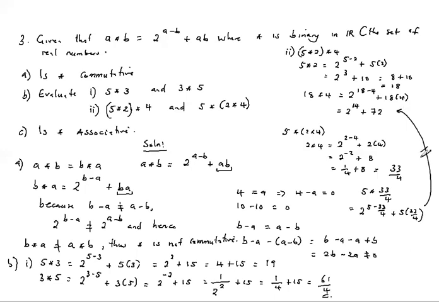Obviously, this cannot be the same as that one. They are not equal. So for C, it will be easy to conclude. We'll just say star is not associative, because we have a case that fails. These two cannot be the same. One has a fraction, 33 over 4 inside it, and the other has 2 to the power 14 plus 72.